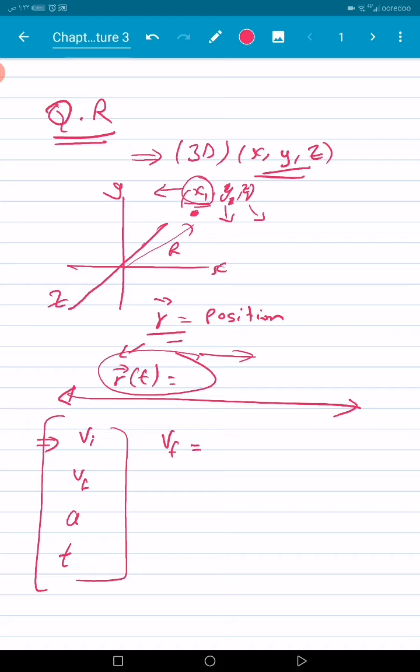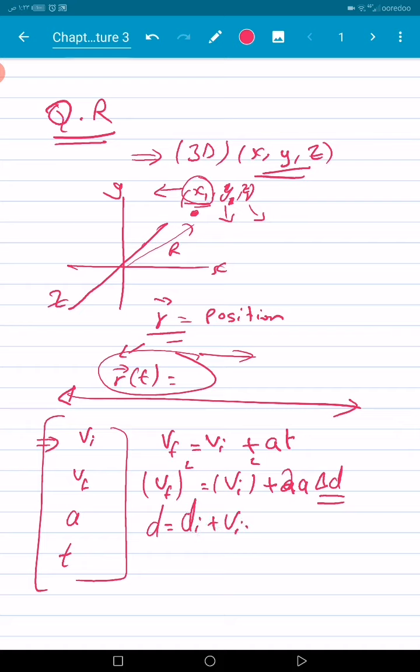How can I find it? V final is equal to v initial plus a t. Second equation, v final squared is equal to v initial squared plus 2 a delta d, or I write it as d in general. Third, d as distance is equal to d initial plus v i t plus half a t squared.